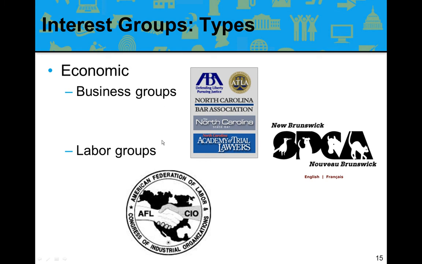Another type of economic group is labor groups. The largest labor union in America is the AFL-CIO, which is short for the American Federation of Labor, Congress of Industrial Organizations. It's an umbrella organization consisting of just over 100 separate union organizations, including plumbers, meat cutters, mine workers, teamsters.